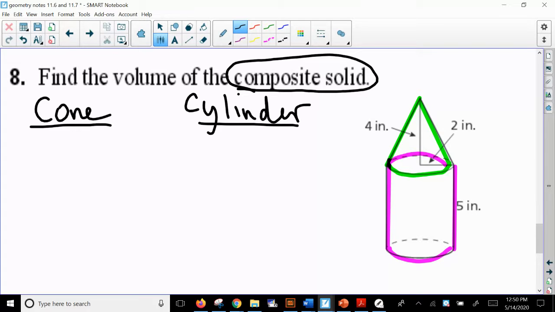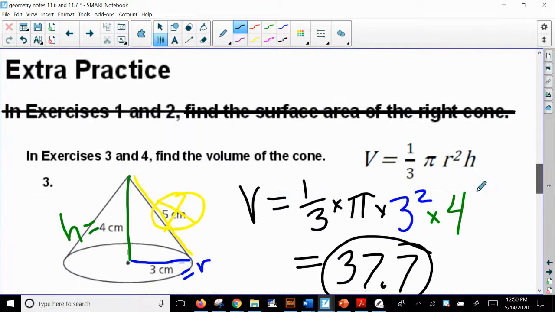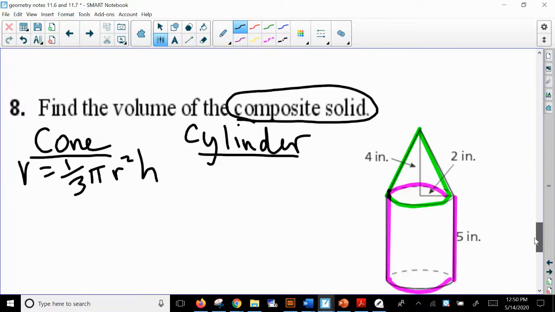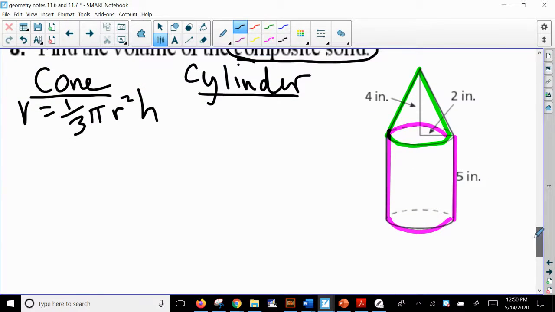I'm going to do the cone first, okay? So remember the cone formula is going to be 1/3 pi r squared h, right? Let me go up, make sure. Cone formula, right there, 1/3 pi r squared h. Okay, so I'm going to do 1/3 times pi times, I need the radius squared. Here's the radius right here, and it's telling you that it's 2.